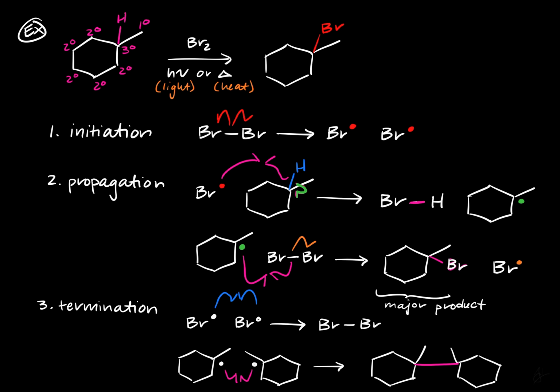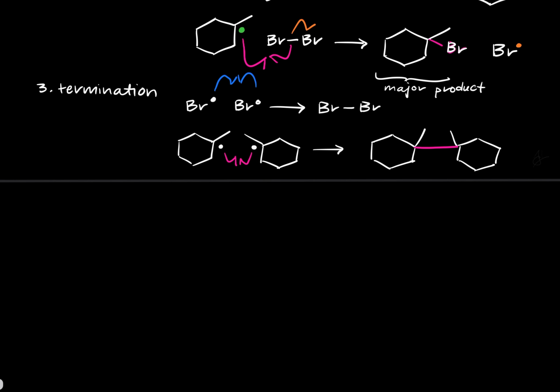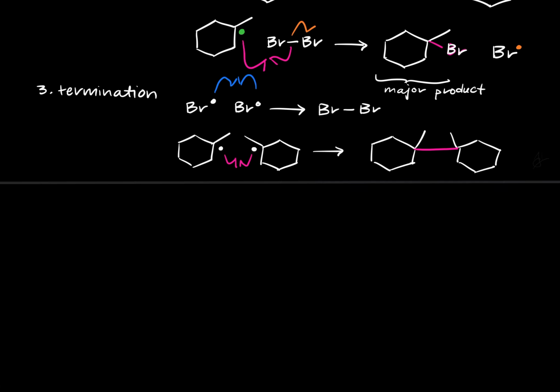We could have even made one other product. We didn't have to choose two of the same radicals. We could have chosen two different radicals. So we could have chosen the Br radical and this radical. And those could have also come together to form a bond, such that we get Br, this molecule, and a new bond between it and that molecule.